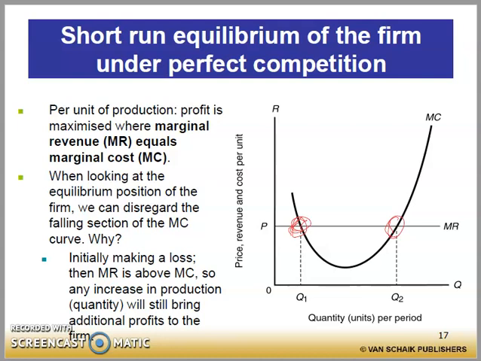So the reason why we are saying losses are being maximized at a point such as Q1 here, and why we must ignore the declining part of the marginal cost curve, is because at any point to the left of Q1, so between 0 and Q1, marginal cost lies above marginal revenue.